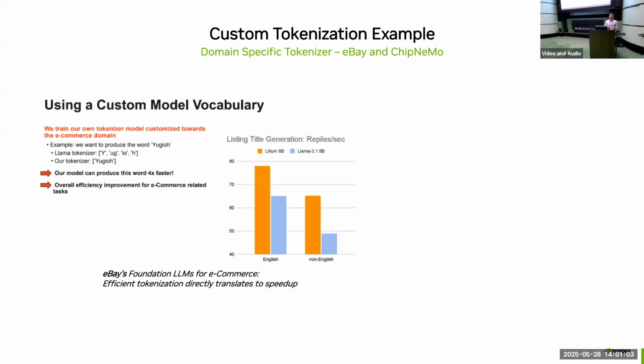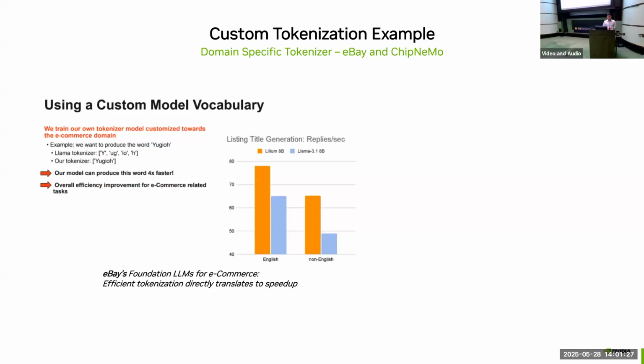And to understand why that may be, we can look at a very specific example of how custom tokenization is being applied. The example that they use here is tokenizing the word Yu-Gi-Oh, which is kind of like a card game, I guess. But it's very specific because a lot of people like to resell Yu-Gi-Oh cards online.